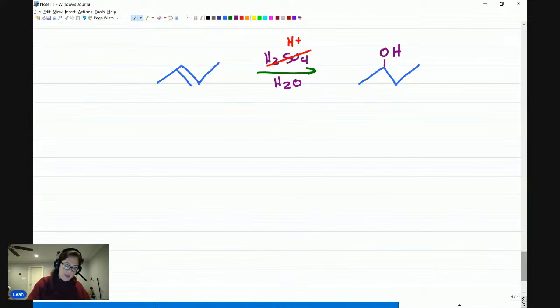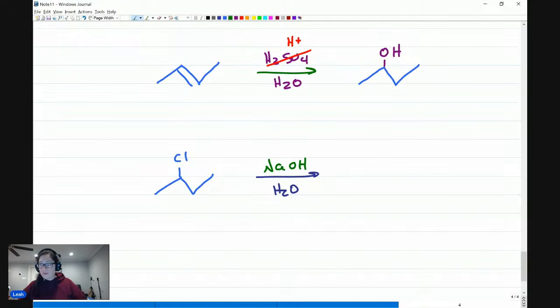If I take a molecule with a halogen on it, for example, a chlorine, and I'm reacting it with H2O again, but this time I'm putting it in a solution of NaOH. When you see that NaOH, recognize that you have a positive spectator, Na plus.